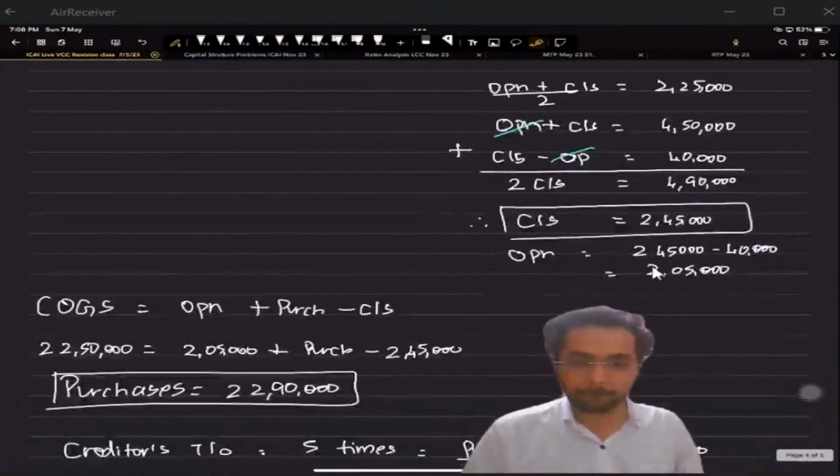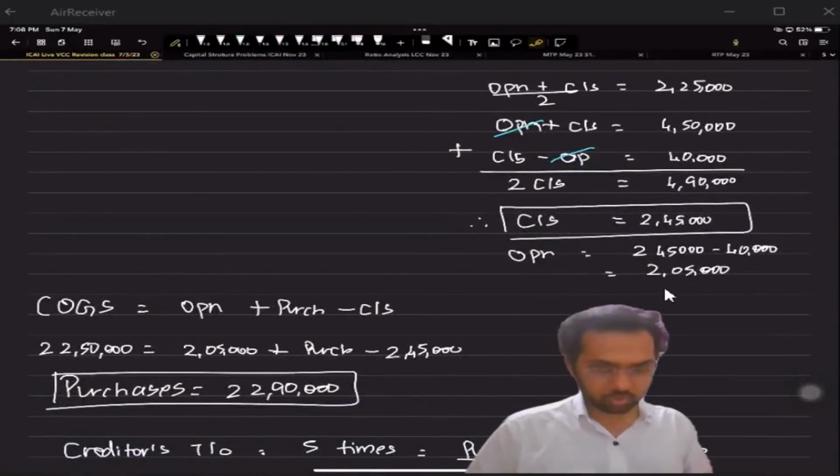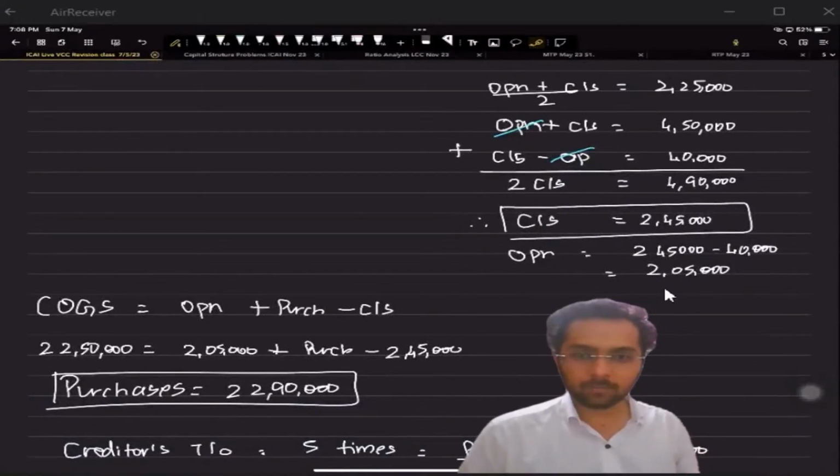Okay. We get the closing stock as 2,45,000.